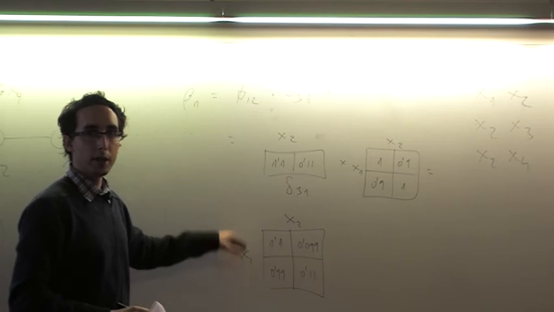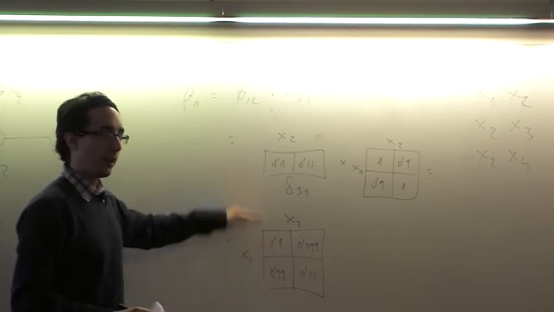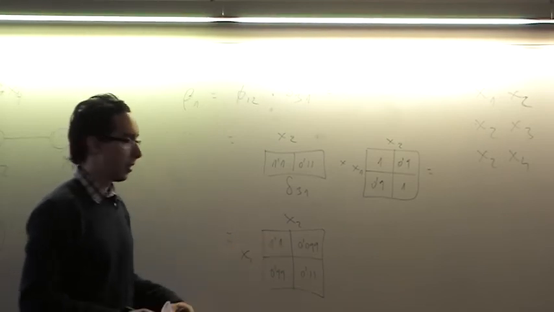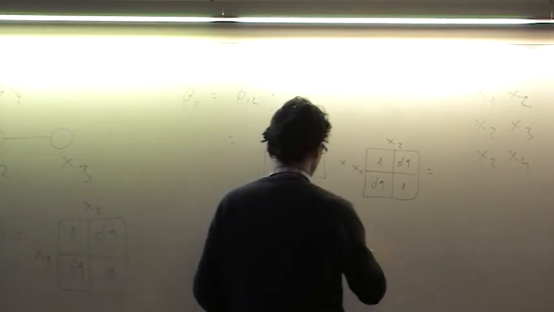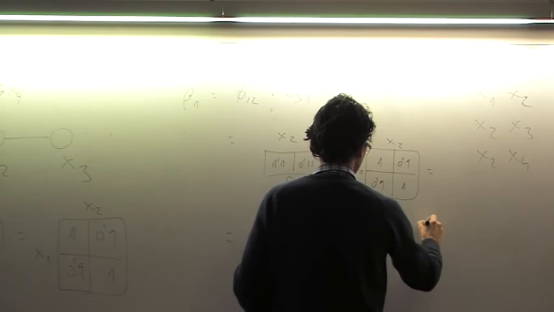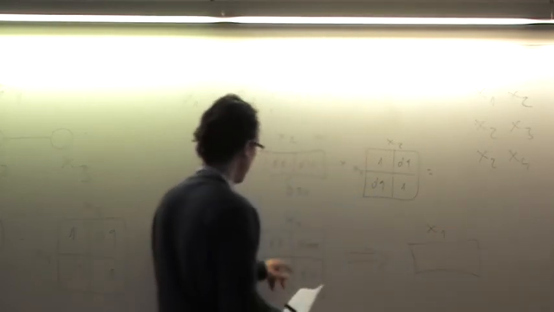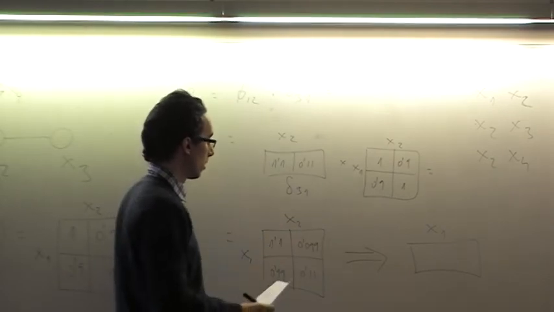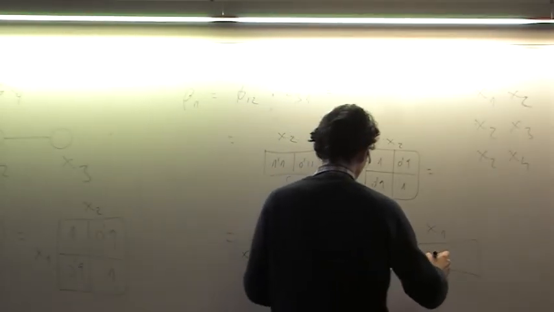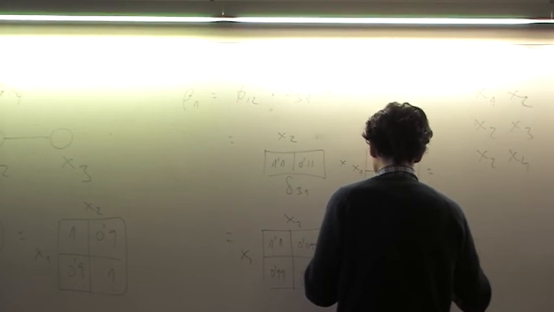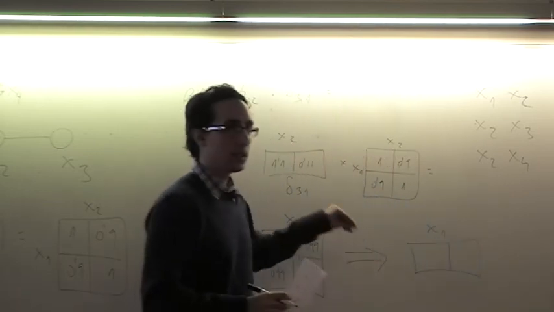If I want to compute the marginals, I have to sum the corresponding rows and columns for each variable. So from here I can get another table for x1 by summing out x2. Let's assume that we want the normalized marginals.